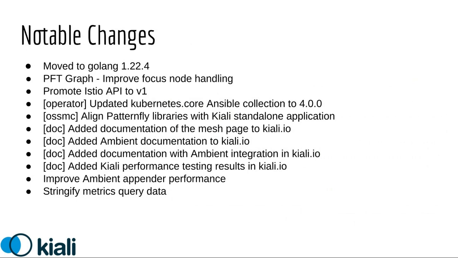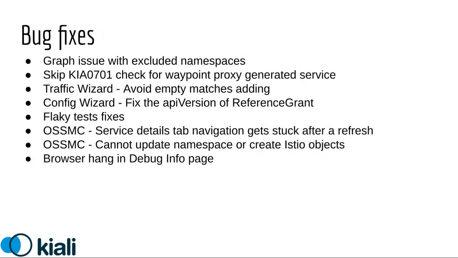So those were all the notable changes which we had, and we had several bug fixes. There was an issue in a graph with excluded namespaces, which is fixed. Kiali validation message 0701 is now skipped for waypoint proxy generated services.